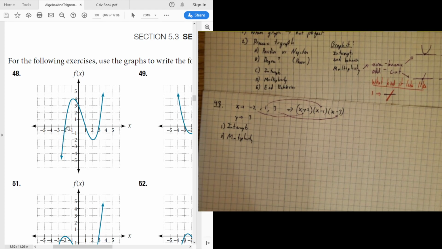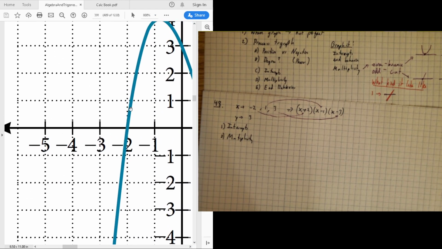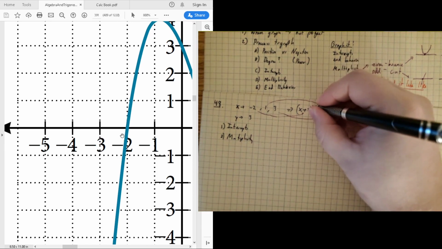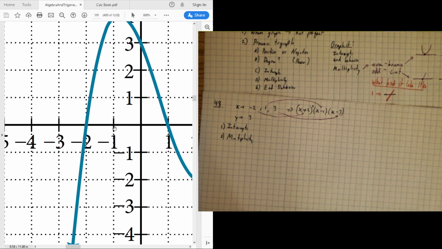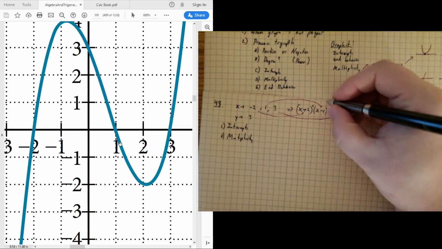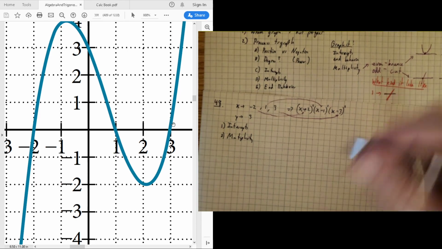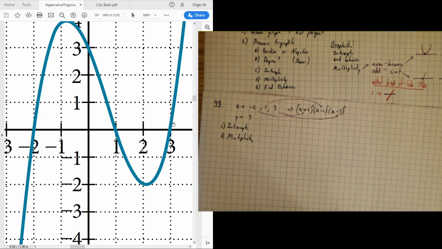This first one, if I zoom in just around that little spot, just looks like a line, which means it has a multiplicity of 1. Over here, in this little spot, it looks like a line. So again, it has a multiplicity of 1. And over here, it looks like a line, multiplicity 1. So this tells me basically what this function should look like.